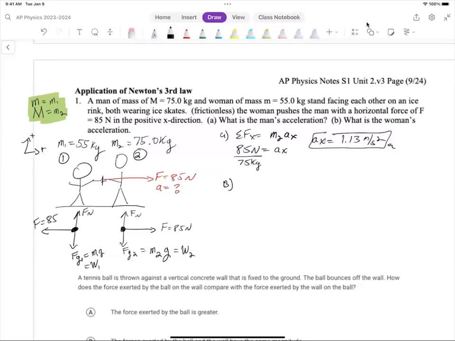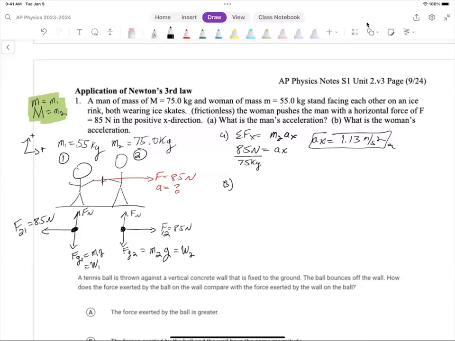So we'll call this the force by object 2 on object 1, which is 85 newtons. And notice it's to the left, which is now in the negative direction.